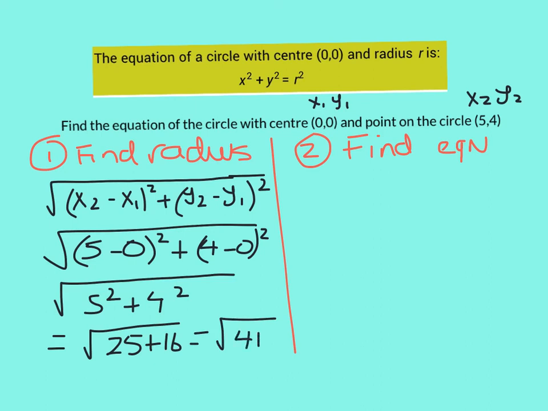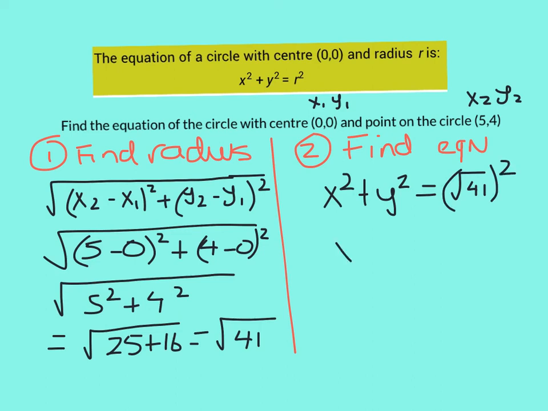Now there is no nice root 41, it comes out as a decimal, so just leave it like that, that's fine. To find the equation, I'm just going to substitute it into my formula above. So x squared plus y squared equals root 41 squared.